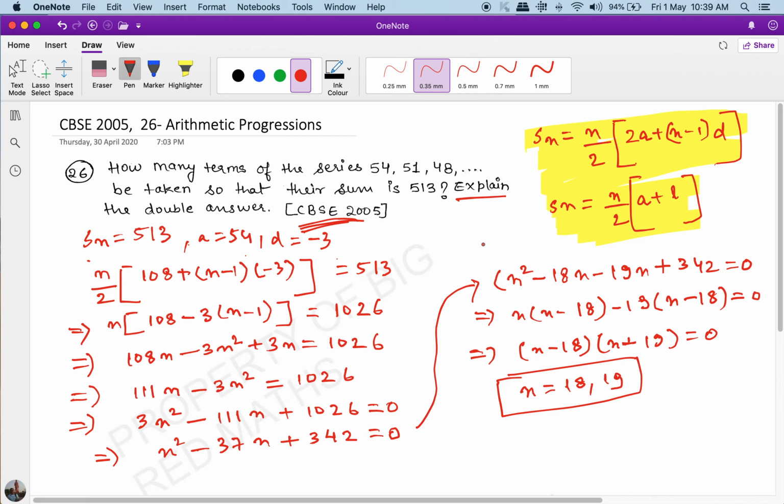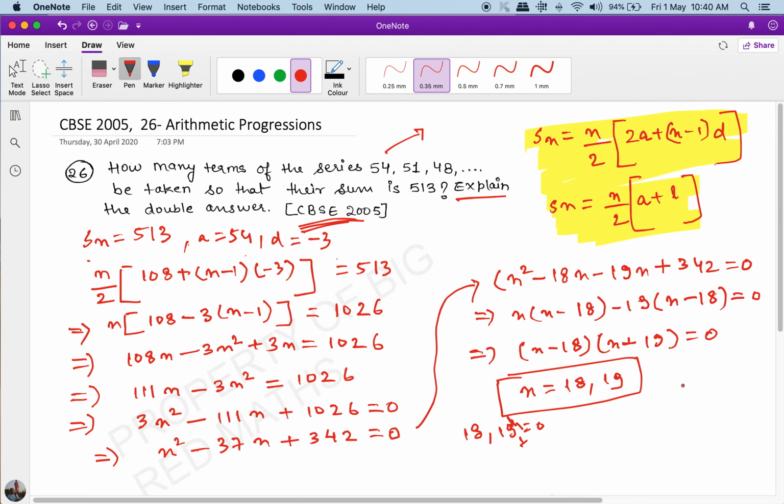Now remember this always: whenever you have a series that is reducing, you may have the 18th term as something and the 19th term equal to 0. So the sum up to the 18th term as well as up to the 19th term will be the same, because your 19th term is 0.